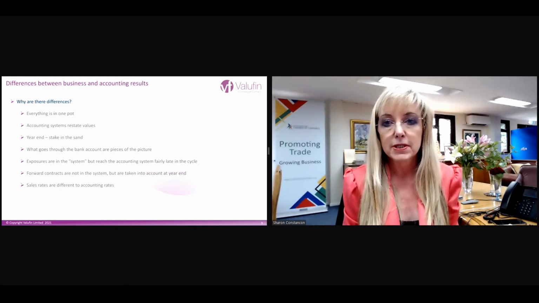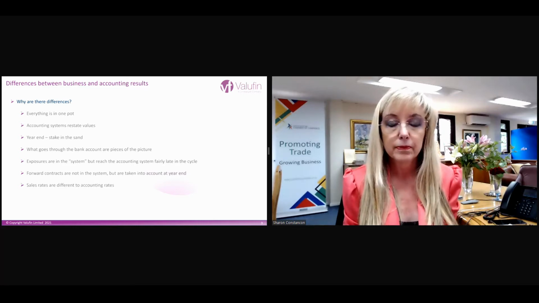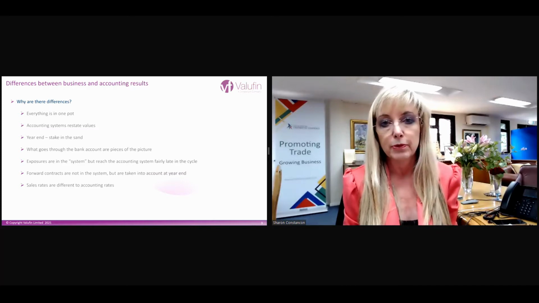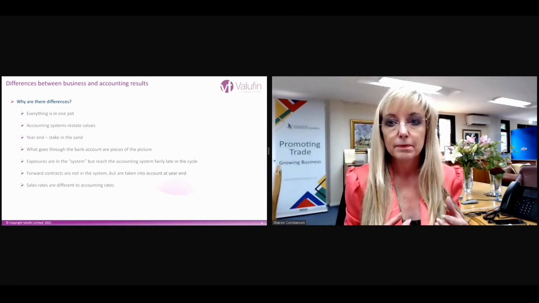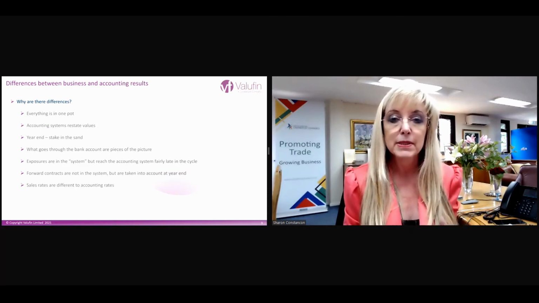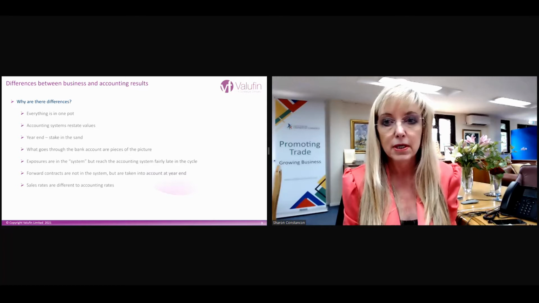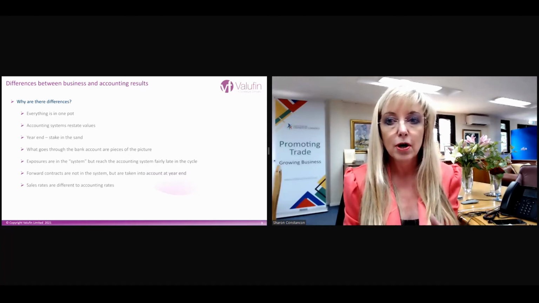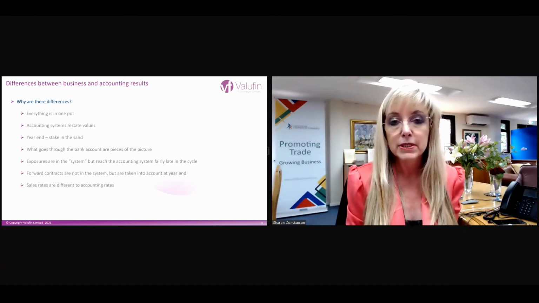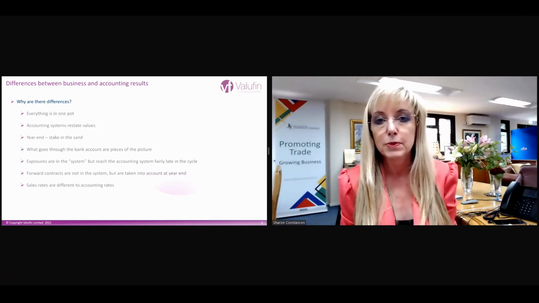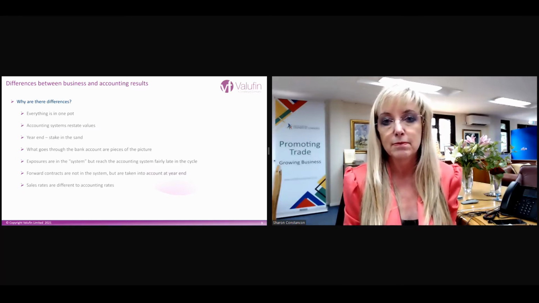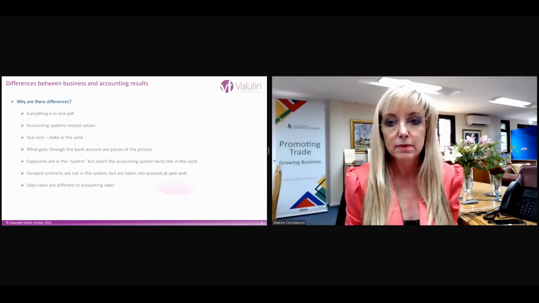So the problem that you've got is everything's in one pot. Accounting systems are constantly revaluing things. You end up with the year end occurring in the life cycle of something that is happening. What goes through the bank account happens in stages, not all at the same time. Exposures that occur and risks that arise don't materialize into the accounting system at the same time they do arise as a business risk.